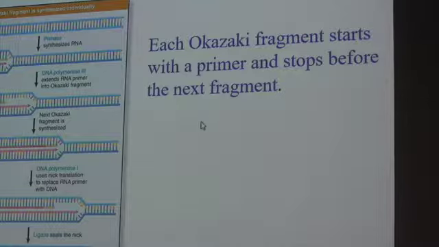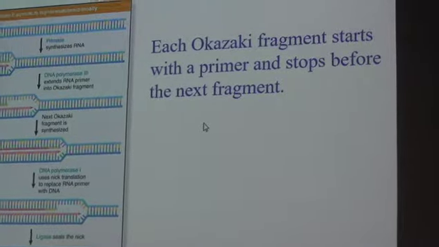So you have to do 2 things. You have to remove that primer, which is RNA, and secondly, you have to join the ends together with a ligation reaction, which is an entirely separate enzyme. So what does the removal of the RNA? DNA Pol 1, right? Full-length DNA Pol 1 because it has nick translation activity.